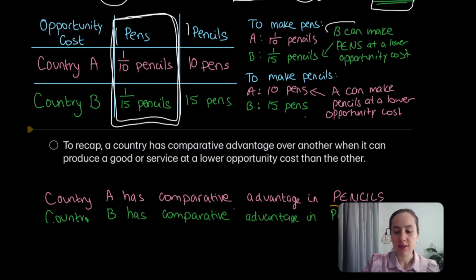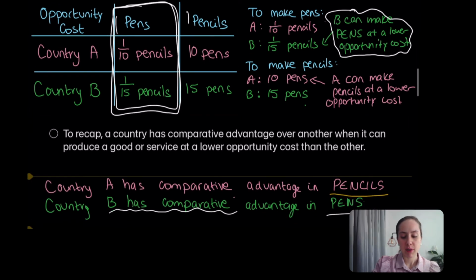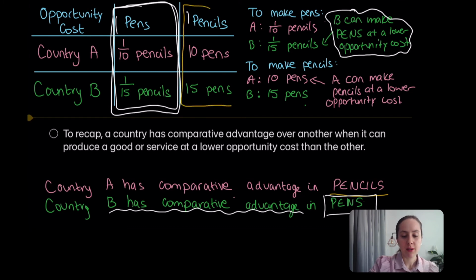So what we say here is B can make pens at a lower opportunity cost, which then is going to mean that country B has comparative advantage in pens.